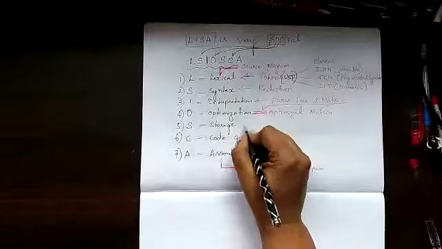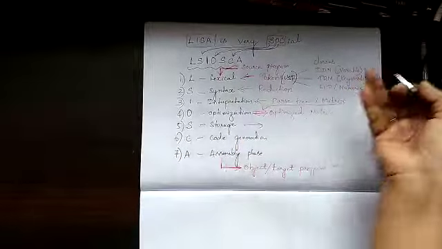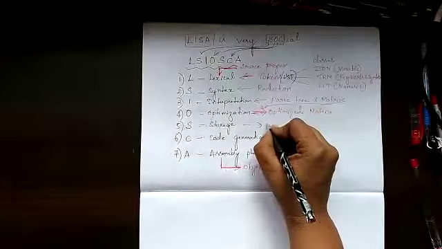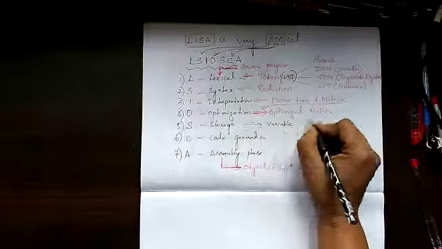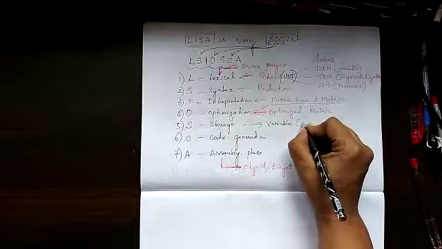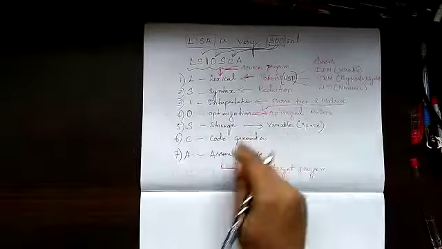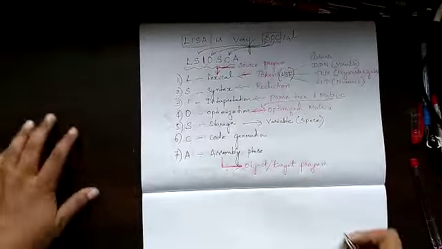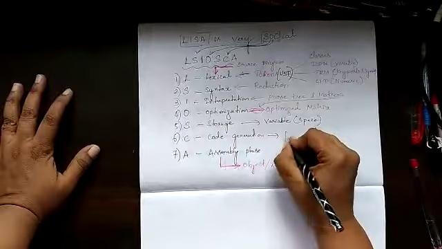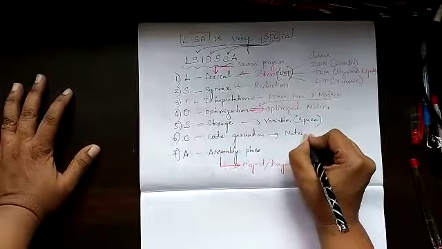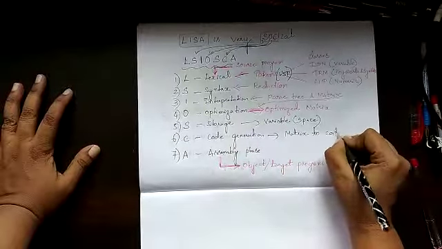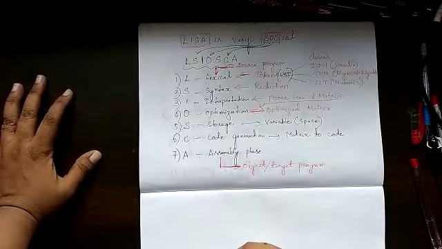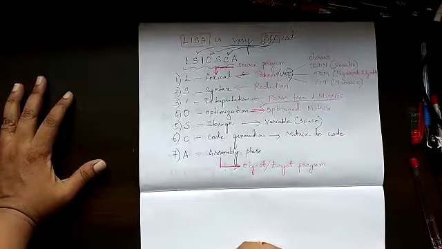Then the storage phase will allocate space for the variables. Allocating storage space for variables is done by the storage phase. In code generation, the matrix is converted into code.